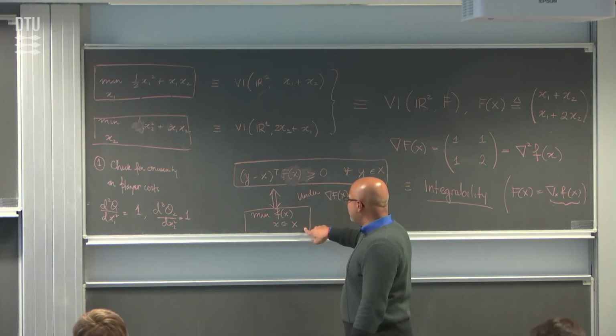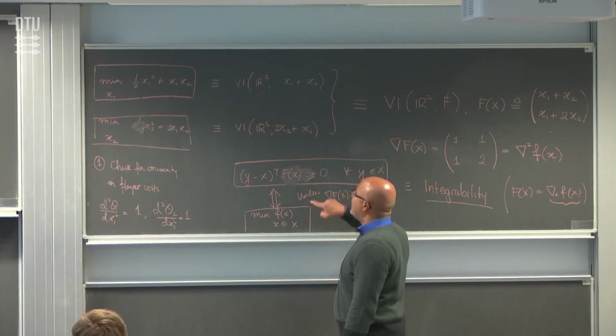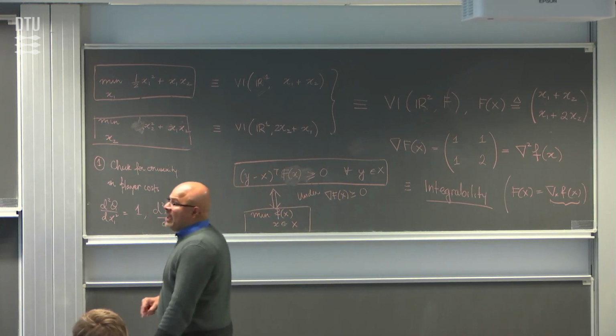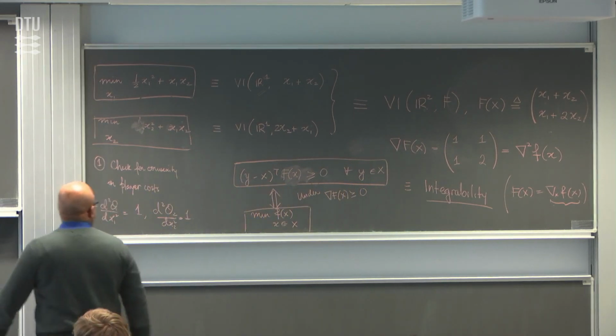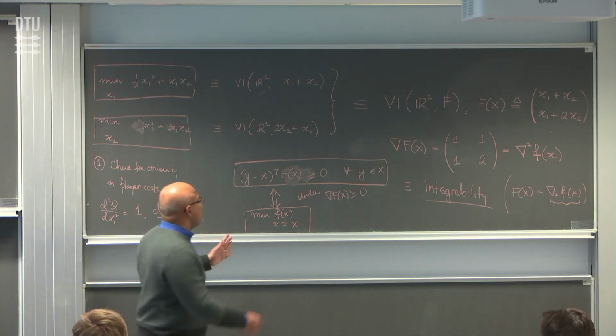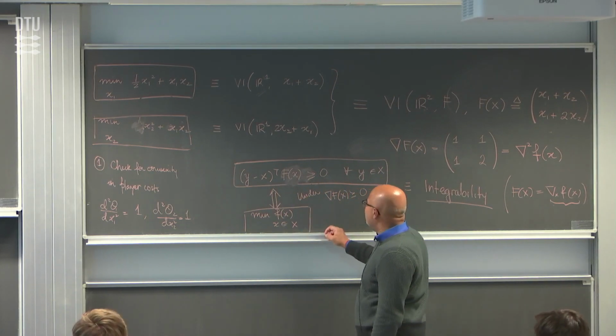If you get a stationary point of this, you get this VI, which is then equivalent to an equilibrium. But it's only one directional, and if you want to make sure it's bidirectional, then you need convexity.